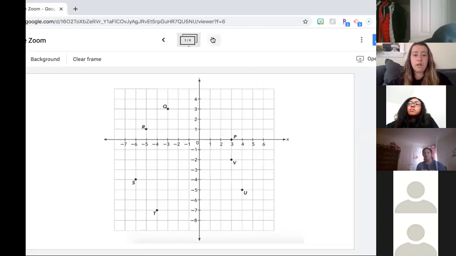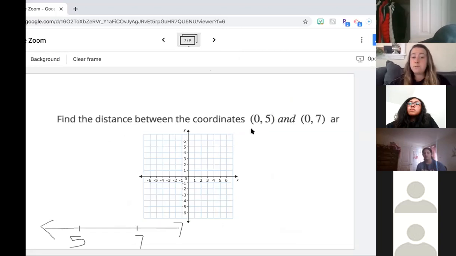Let's see. This one. What's the distance between these coordinates? Try to do this without me plotting them. So 0, 5 and 0, 7.